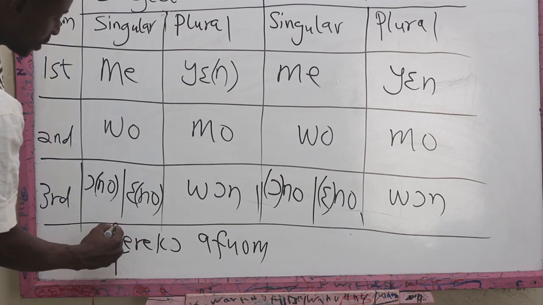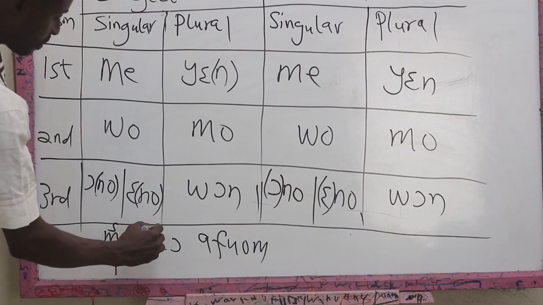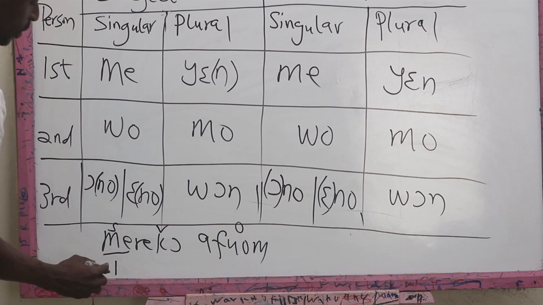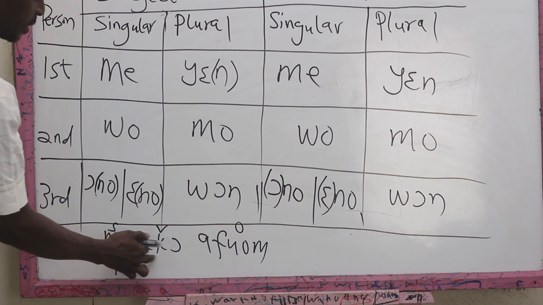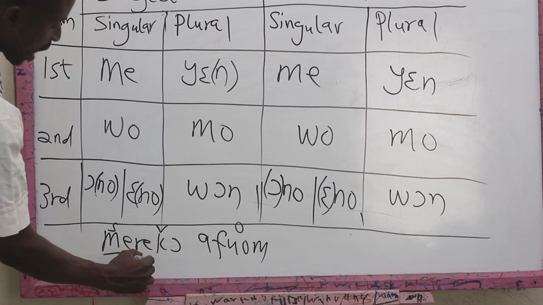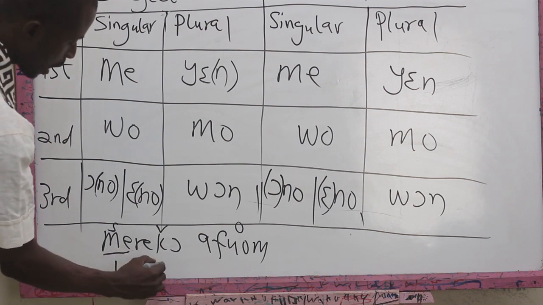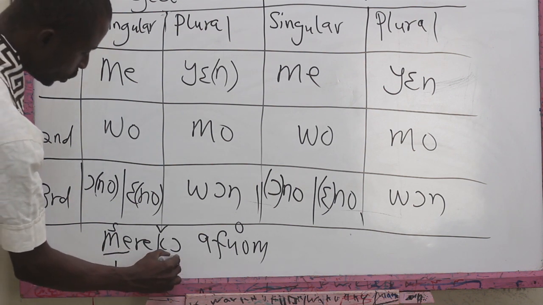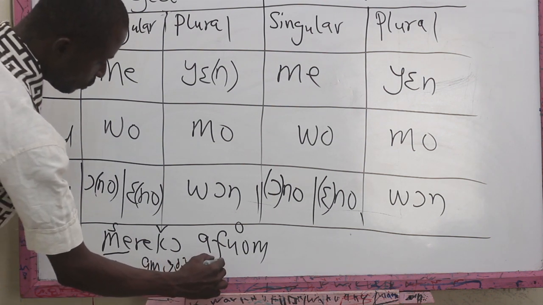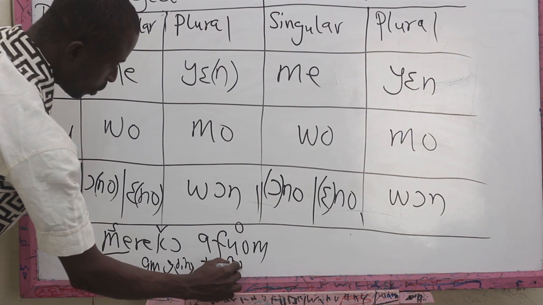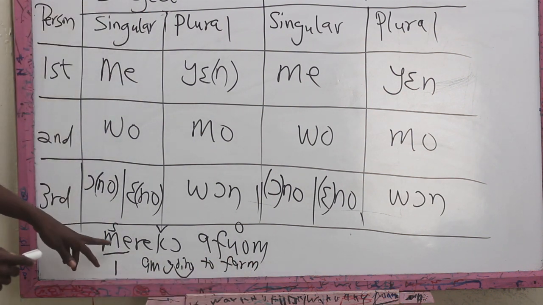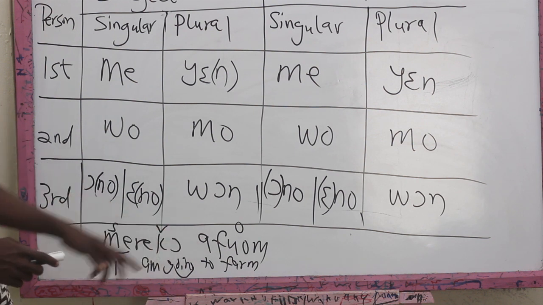This is the subject, this is the progressive verb, and this is the object. Reko, that is the progressive, is I'm going. I am going to the farm. So meko efuom.